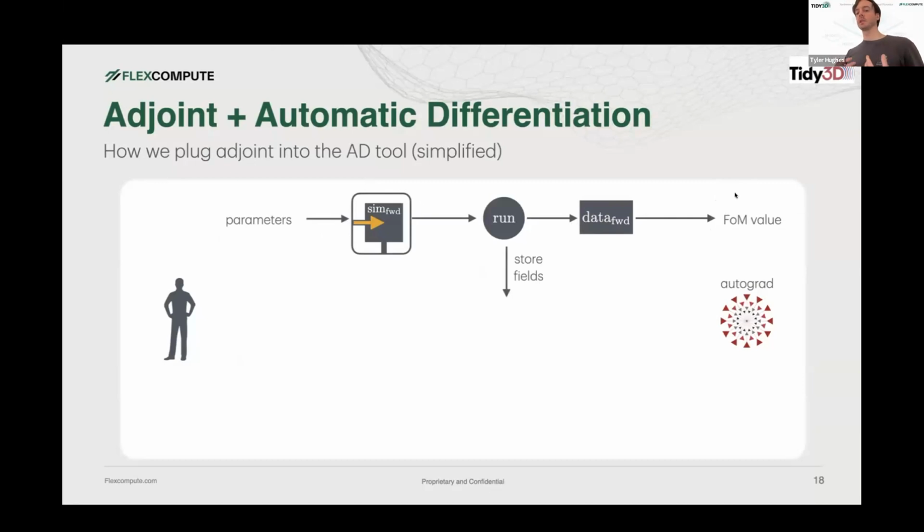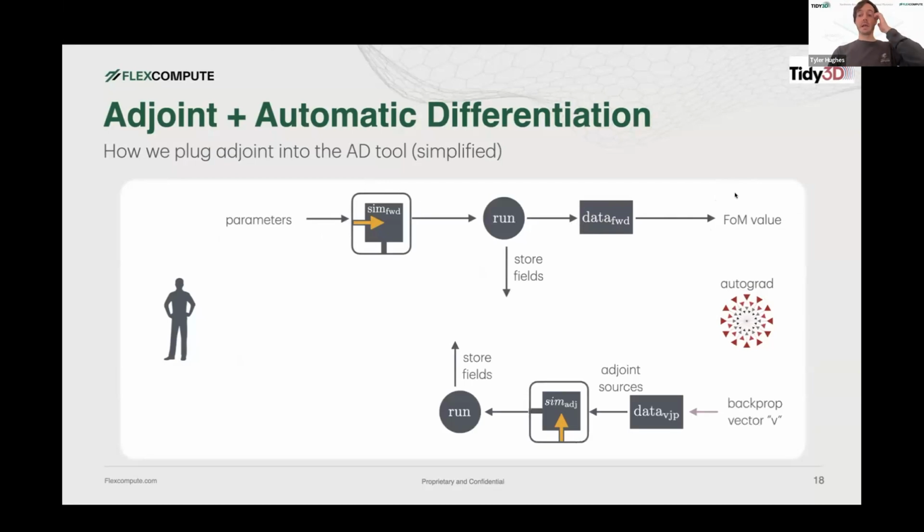But what we do is essentially we store the fields in the design region that you want to optimize automatically. And then if you ask AutoGrad for the gradient of this function, it starts to do the backpropagation. Once it reaches the FDTD part, it constructs the adjoint simulation automatically. So it sets up all the sources, sets up the adjoint simulation, runs it behind the scenes, stores the fields in the same area in the design region.